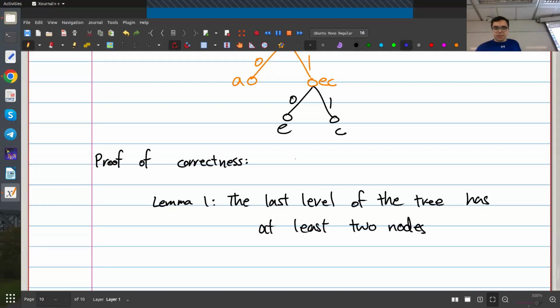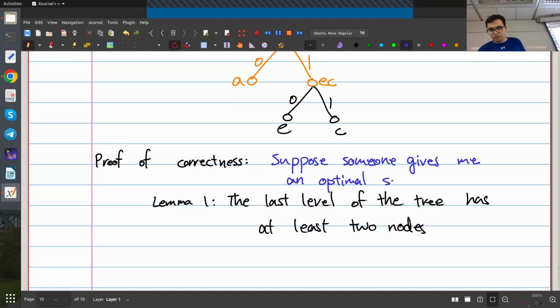So suppose someone gives me an optimal solution. And let's call that optimal solution, let's call the tree T. And let's say that it also has the corresponding code. Okay, so the last level of this tree T has at least two nodes.